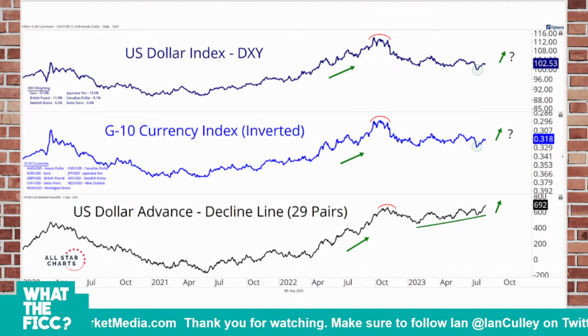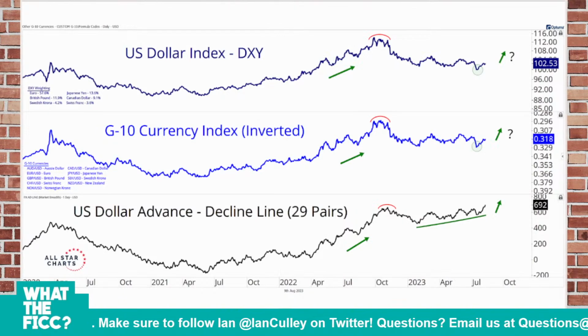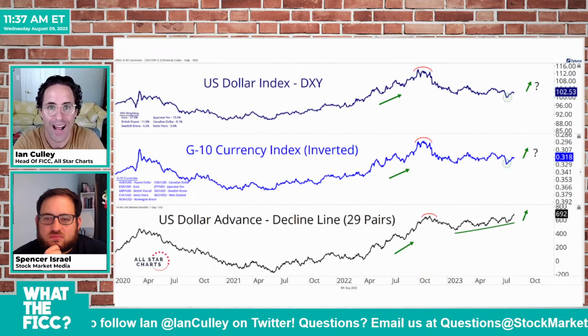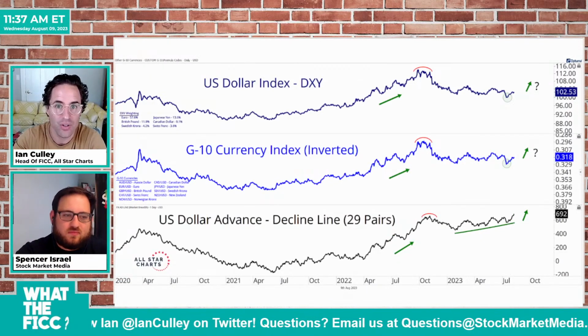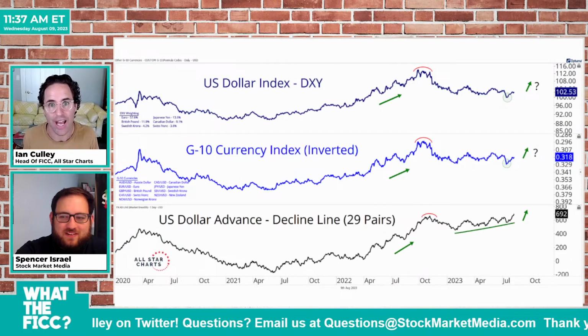The AD line never broke down, and today it's actually printing fresh highs. It's back above its October pivot high. So we're seeing broad strength beneath the surface, not broad weakness, and that supports a rally in the dollar. So this US dollar potential failed breakdown might have legs.